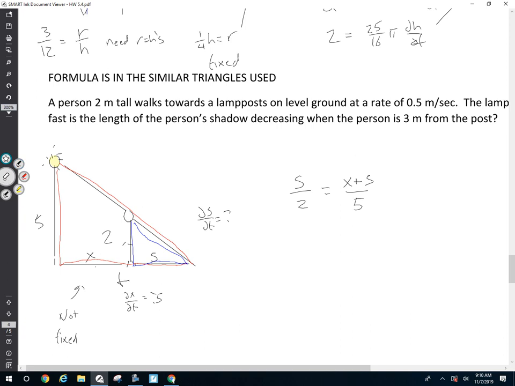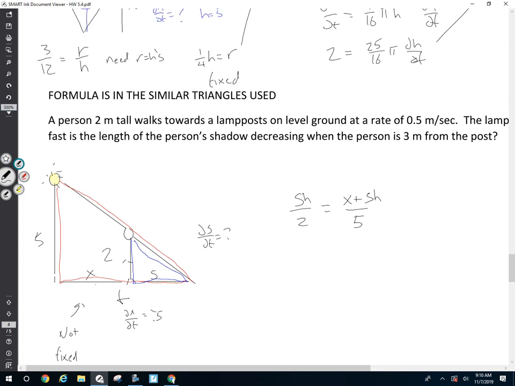I'm really sorry about using s. I'll use sh because it looks like a 5. Okay? Now, I could simplify this a little bit more. 5sh equals 2x plus 2sh. 3sh equals 2x.